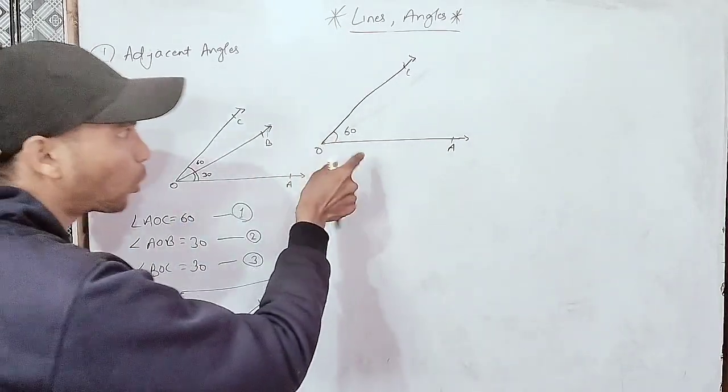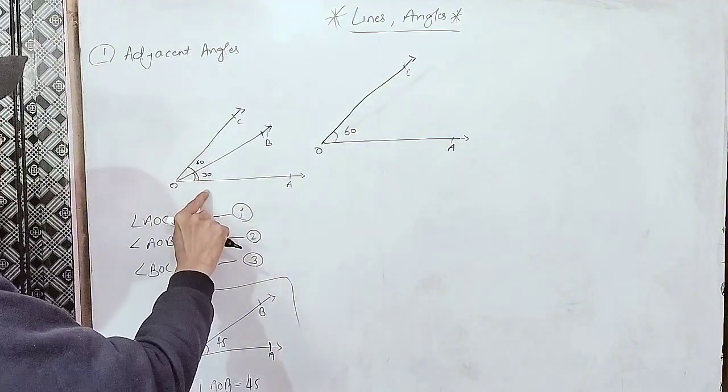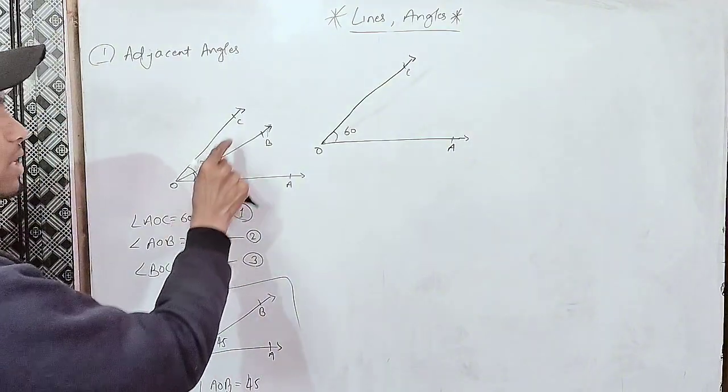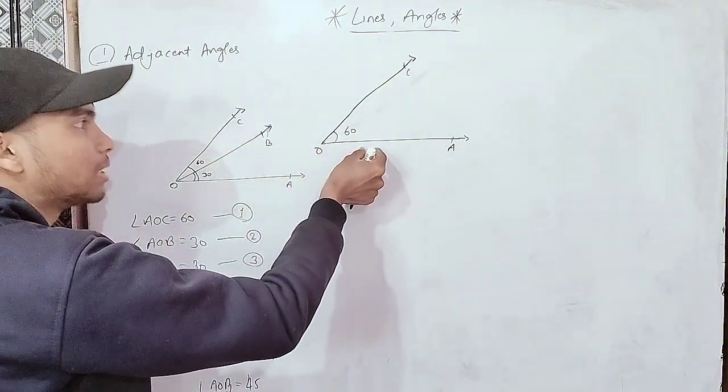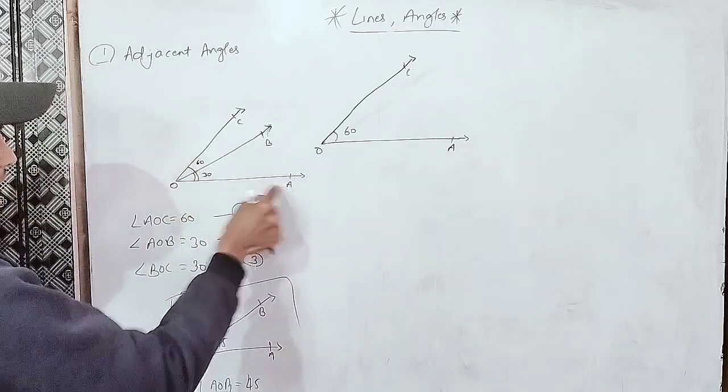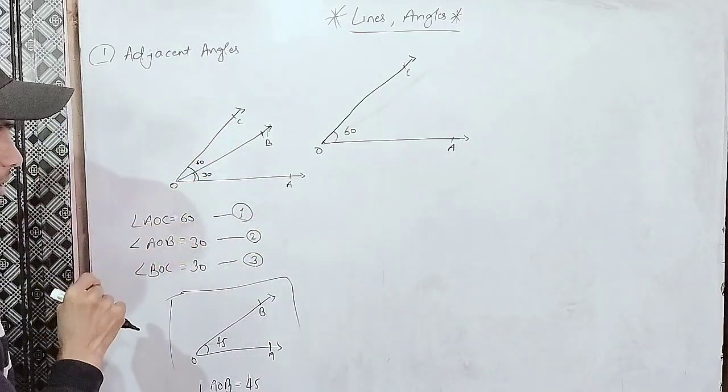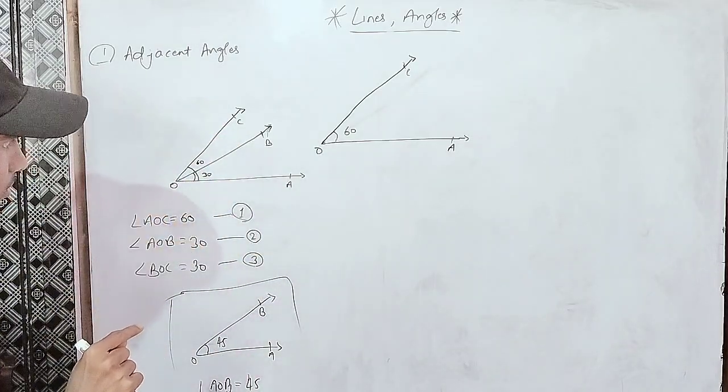We have drawn it from this figure. In this figure, we have the diagram where AOC is 60 degrees.